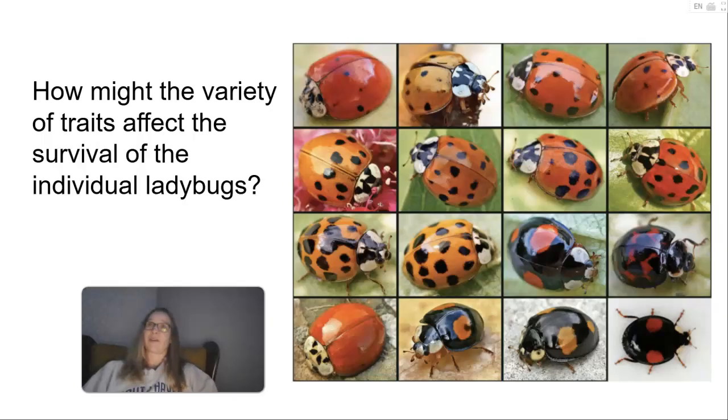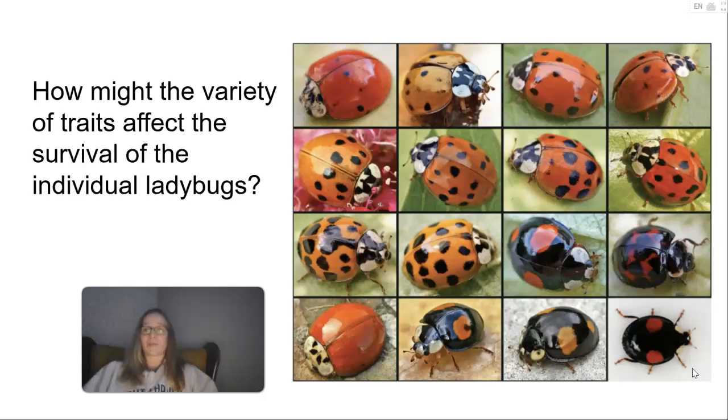So one way that your survival might be improved if you are a bright red bug on a green leaf is if you didn't have a lot of predators, right? So it depends on the environment. If there are a lot of predators, you might be better off crawling around in the shade, on a darker leaf, or having this kind of phenotype, right?